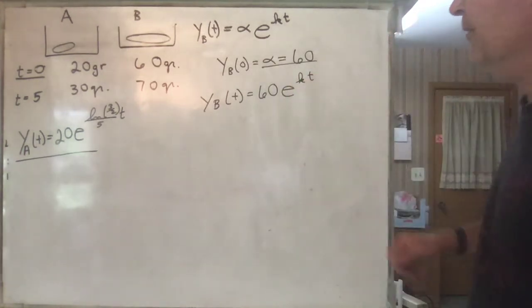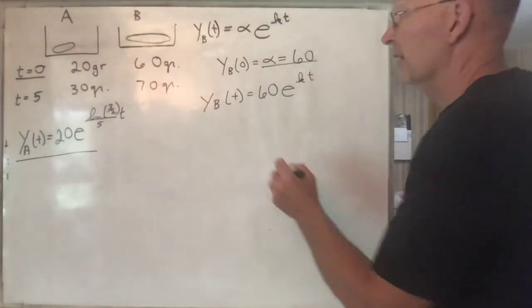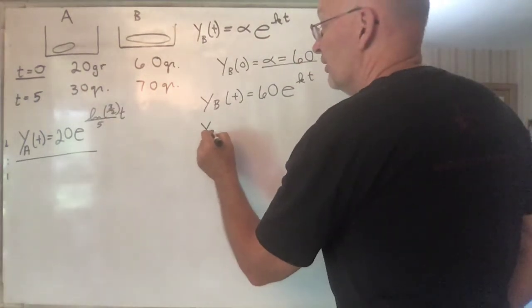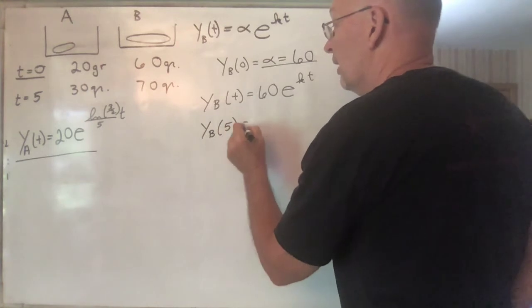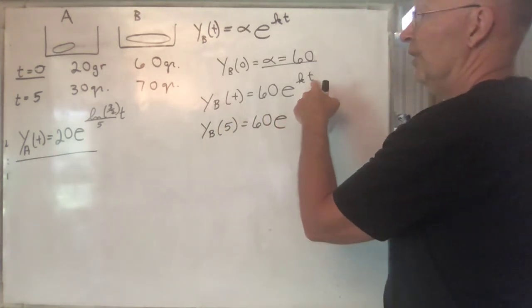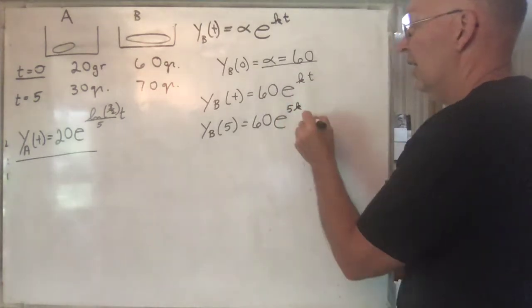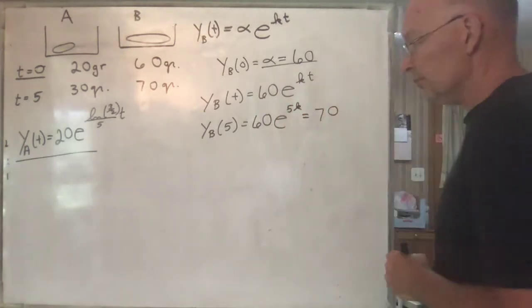So now I can write this. And now I'll do the same thing we did before. At time equal to 5, it's equal to 70. So at time equal to 5, I'm going to have 60 times e to the 5 times k, and that's equal to 70.